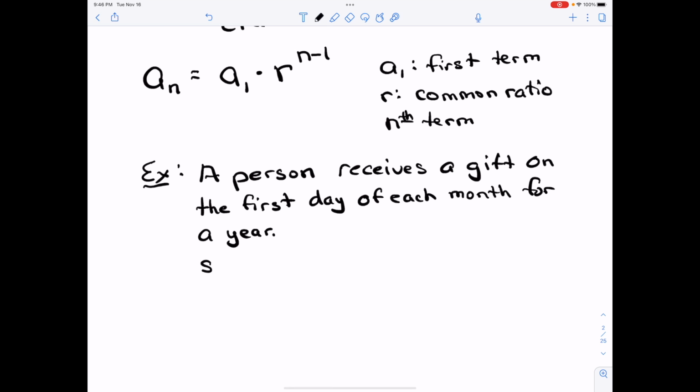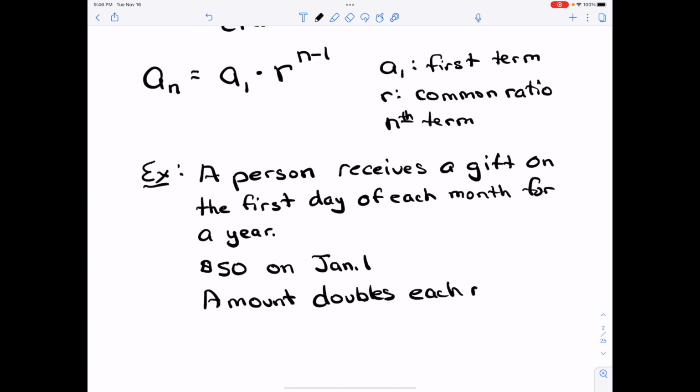They start with $50 on January 1st, and then the amount doubles each month. So how much is received on December 1st?